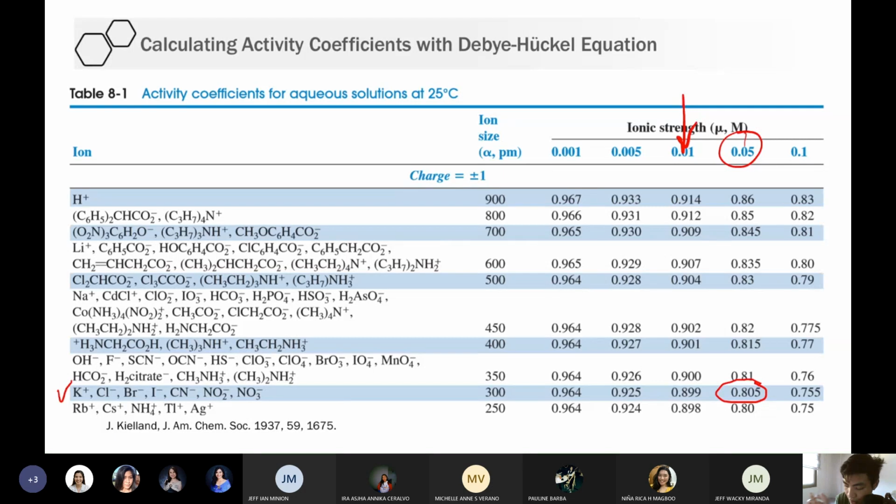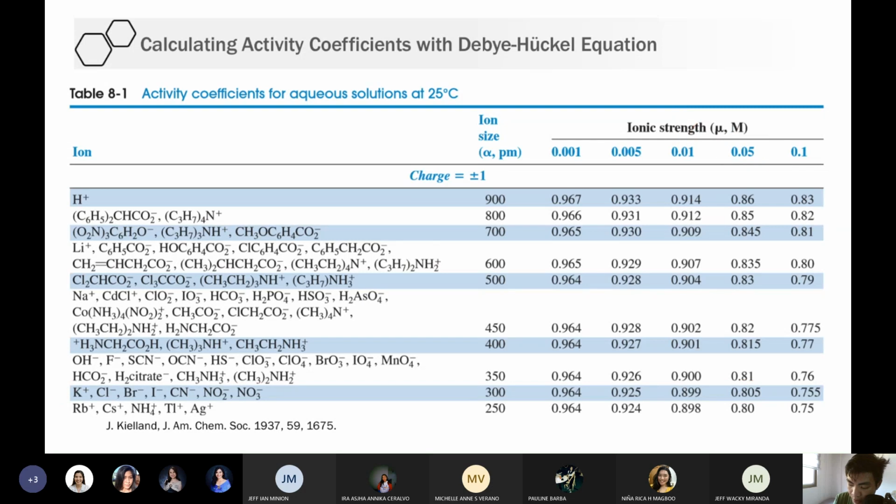Now, how do I solve for the activity coefficient if it is between the ranges shown on this table?